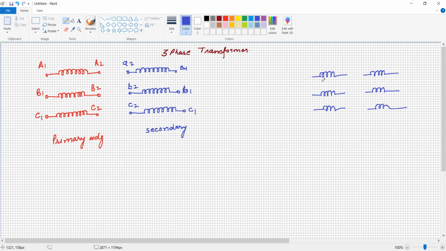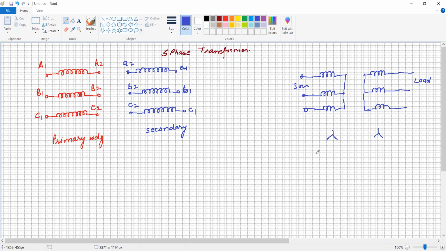If you want to connect in star, primary also star and secondary also star connection, by simply joining them, these three windings are connected to the source, and these three windings are connected to the load. This is the simple way to connect the three-phase transformer, star-star, star-delta, delta-star, or delta.